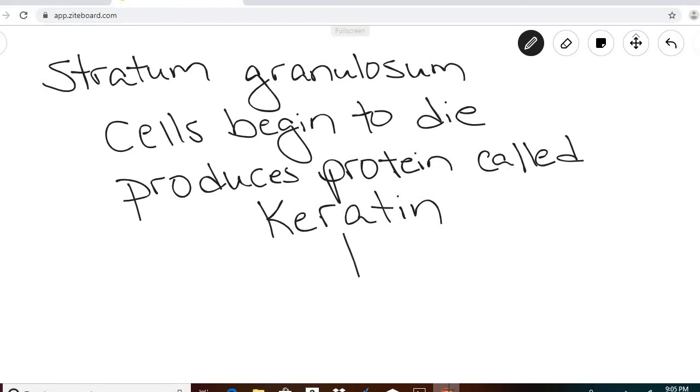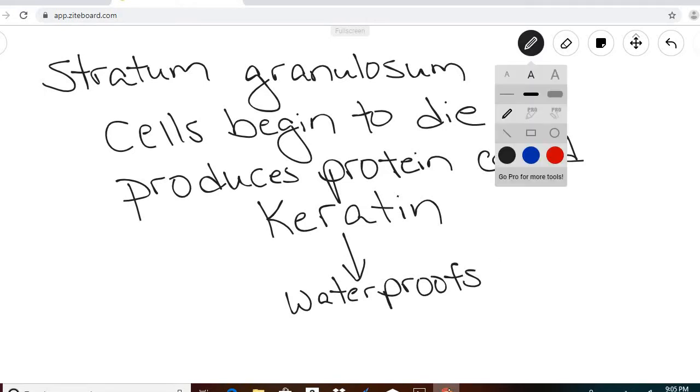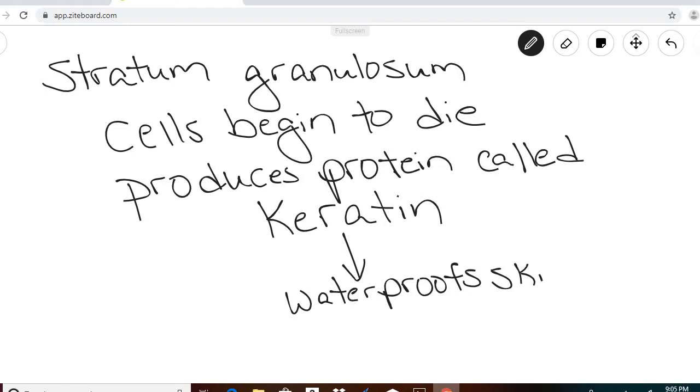And what does keratin do? Well, it basically waterproofs your skin. So it repels water from the outside, and it keeps water inside from evaporating.